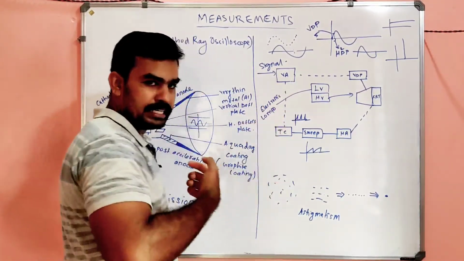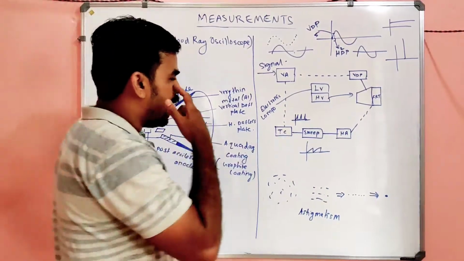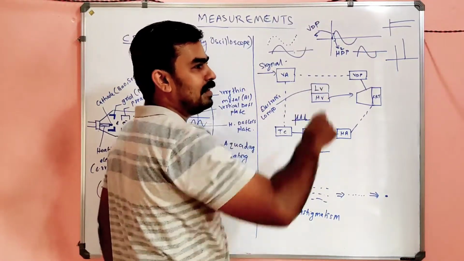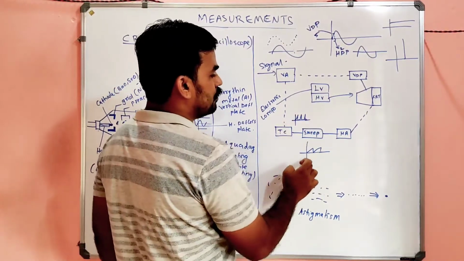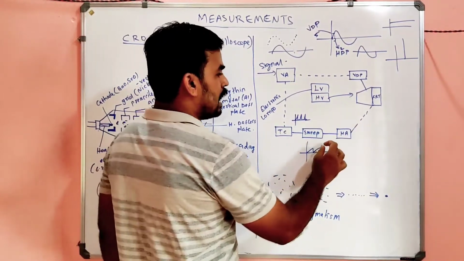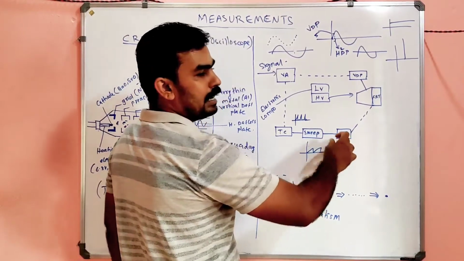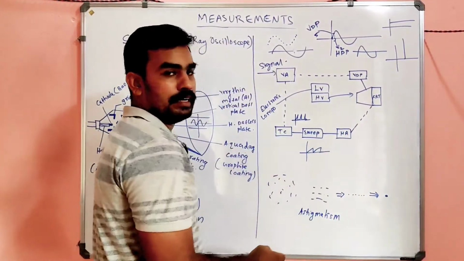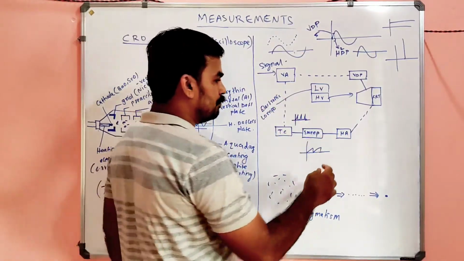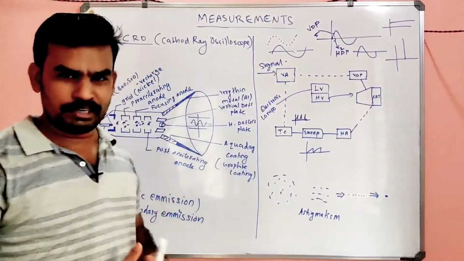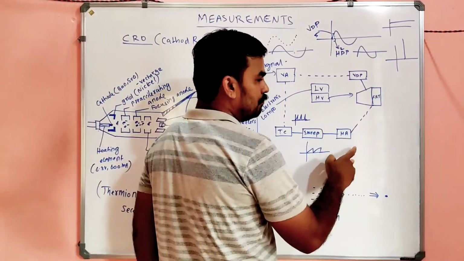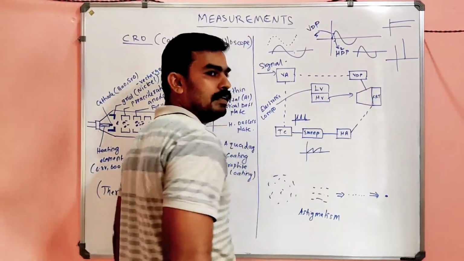The trigger will be in the form of a spike. This will be converted into a sawtooth waveform, and this is given to a horizontal amplifier. HA means horizontal amplifier. In order to amplify the sweep waveform, it is given to the horizontal amplifier and then to the CRT.